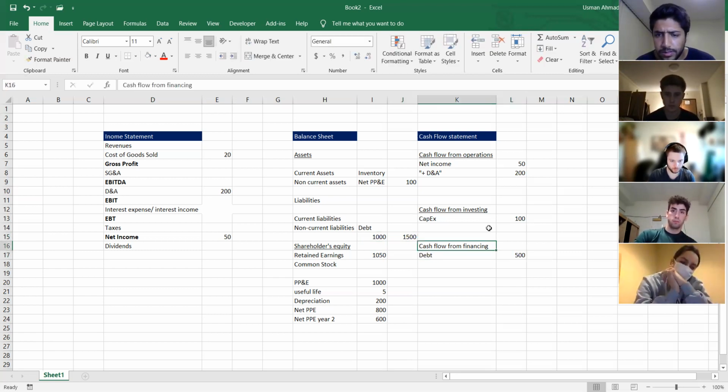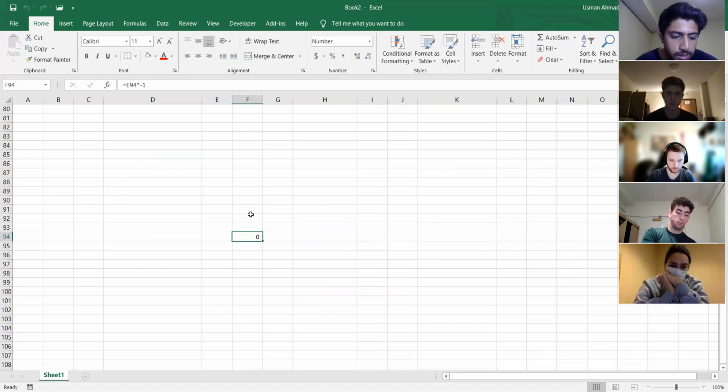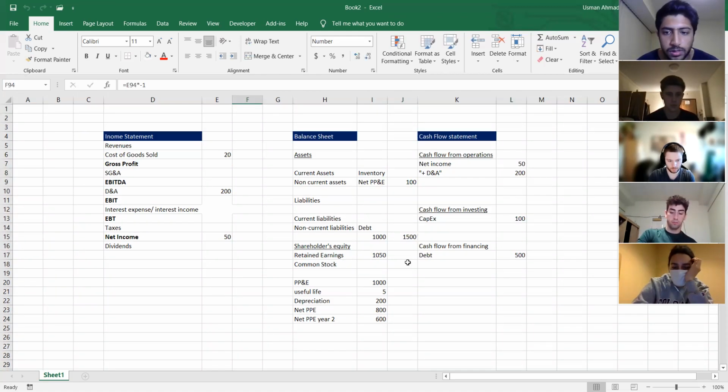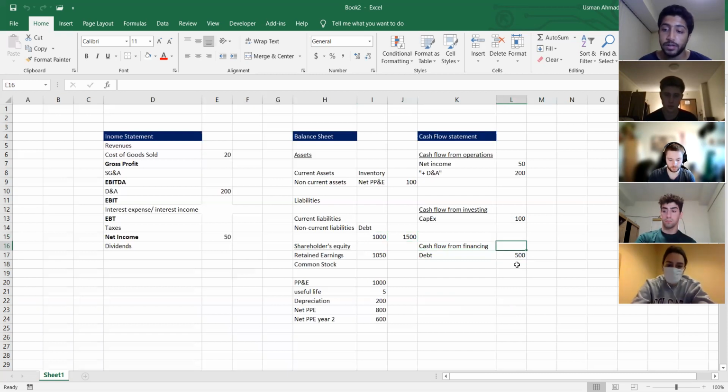Remember I said there are two ways to raise capital for a company, either through equity or debt, and both are recognized under cash flow from financing. That's also reflected on the balance sheet, because the beginning balance sheet would only have a debt of $1,000, but the closing balance sheet for that year would have a debt of $1,500 because you took on 500 more.